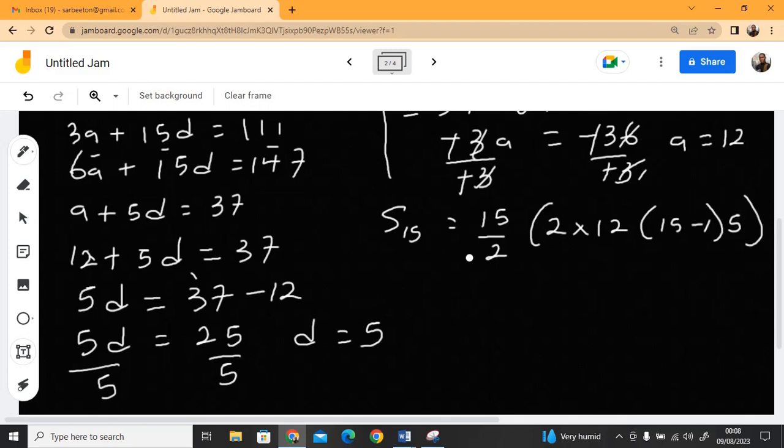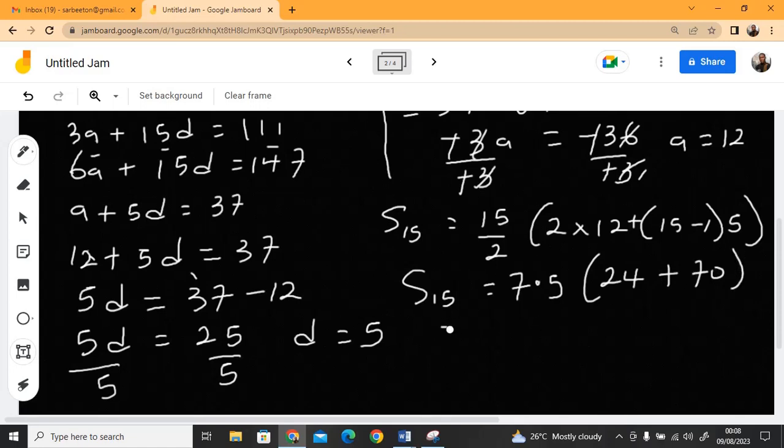This is the formula. So S15, 15 divided by 2, that will be 7.5 if I'm right. 2 times 12 is 24, right? So this here is plus. Now 15 minus 1 is 14, right? 14 times 5 is 70. So plus 70.